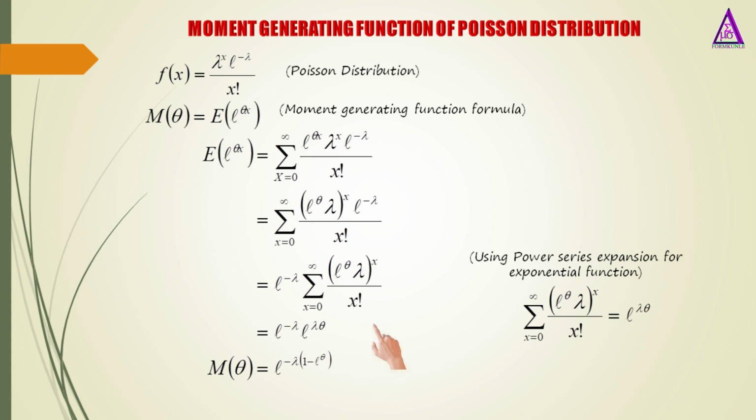So therefore, we factorize e^(−λ) out, and we have e^(−λ) times the summation of x ranging from 0 to infinity of (e^θ λ)^x divided by x factorial. By using the power series expansion for the exponential function, we see that the summation of x from 0 to infinity of (e^θ λ)^x divided by x factorial equals e^(λe^θ).